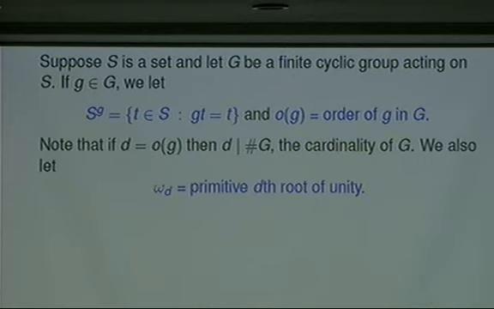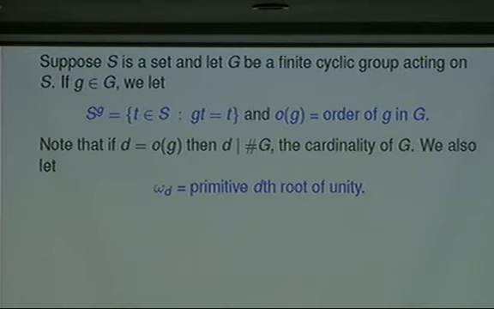And then another thing we're going to need is we're going to be dealing a lot with roots of unity. So omega sub d is going to be a primitive d-th root of unity, which you might as well take to be e^(2πi/d), if you like. And what you should be thinking of is that omega sub d corresponds to the group element g because they have the same order.